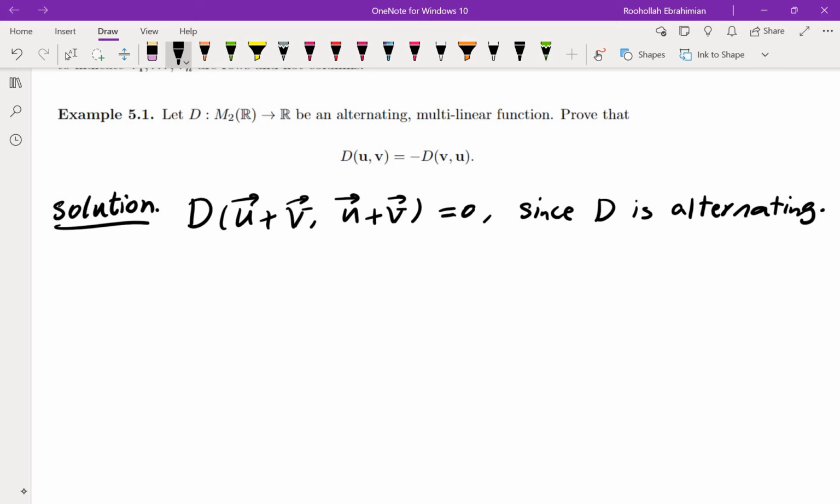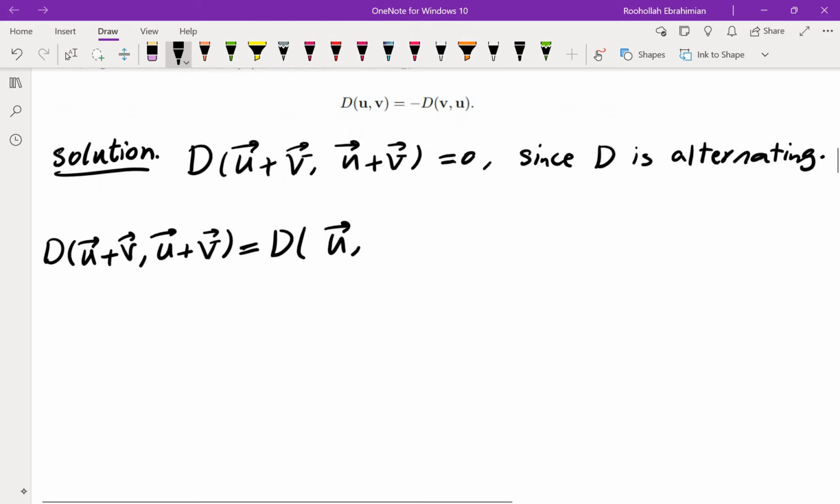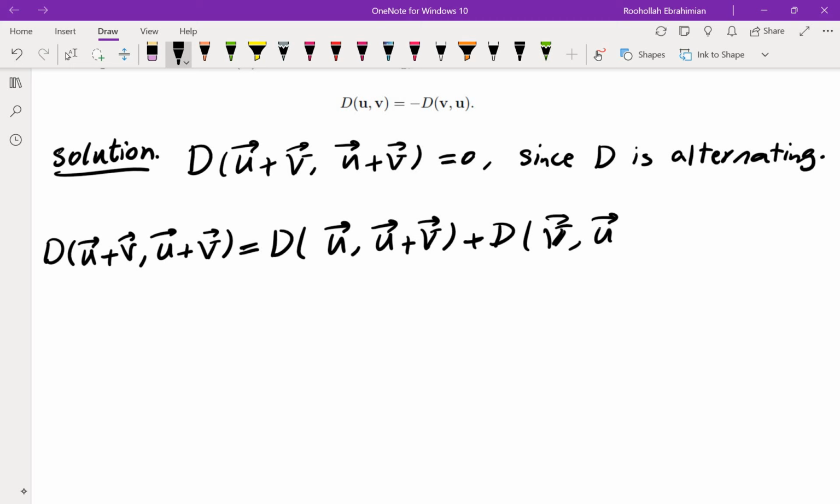Now we're going to use multilinearity. So d of u plus v comma u plus v is going to be, using linearity with respect to the first one, d of u comma u plus v plus d of v comma u plus v.